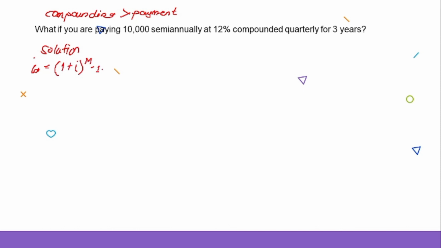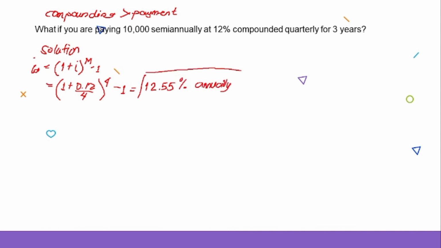So, this is 1 plus our interest is 12%, so that is 0.12, all over quarterly is 4, raised to 4 minus 1. So this is 12.55% annually. So, ito ang tinatawag natin na effective interest rate.